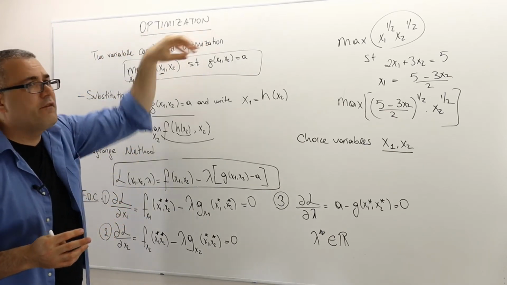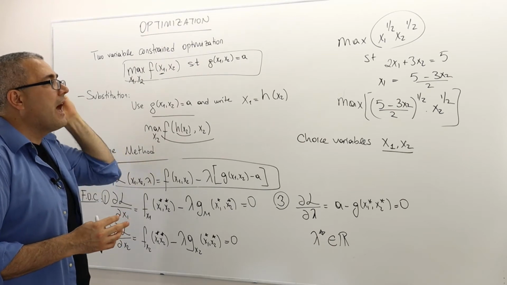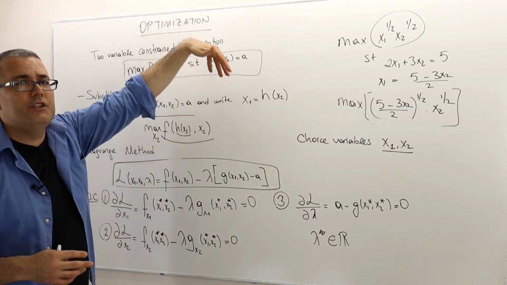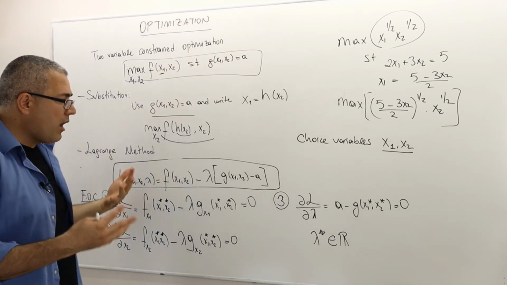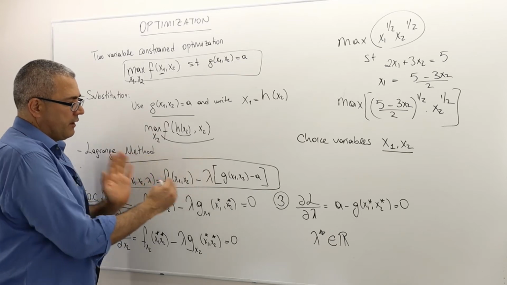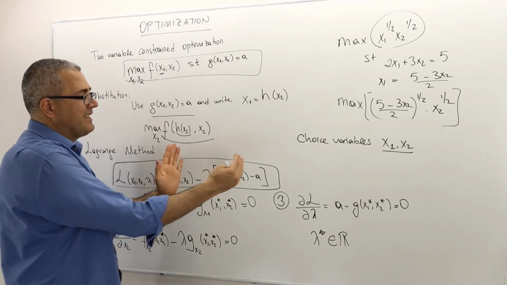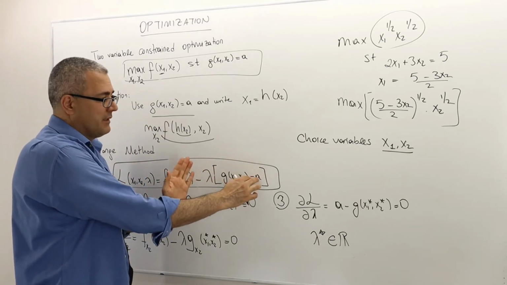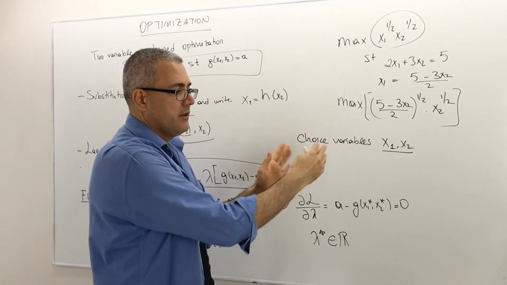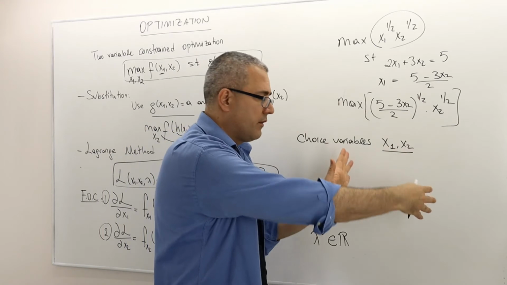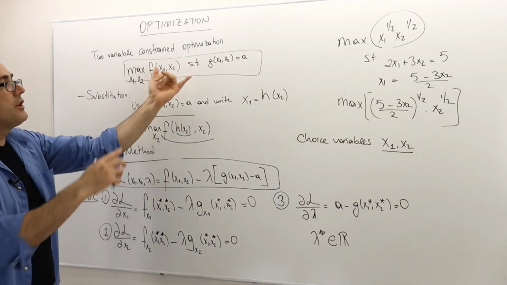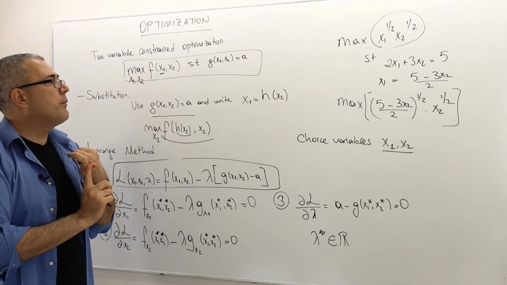If I have 5 variables, and more than one constraint function, g1, g2, again you write down the objective function minus lambda 1 times the first constraint minus the constant, minus lambda 2 times the second constraint, minus lambda 3 times the third constraint, etc. Each constraint gives you a new parameter.